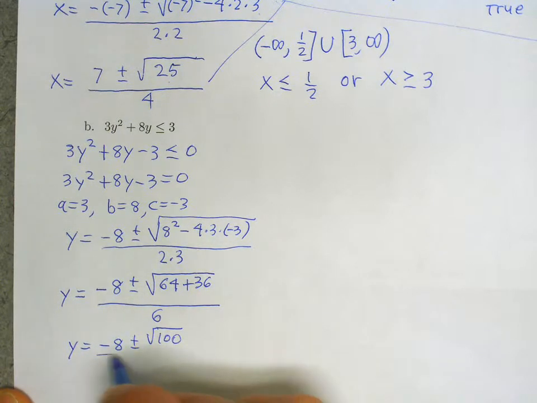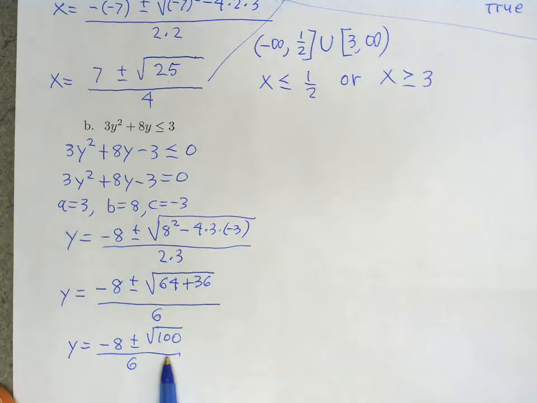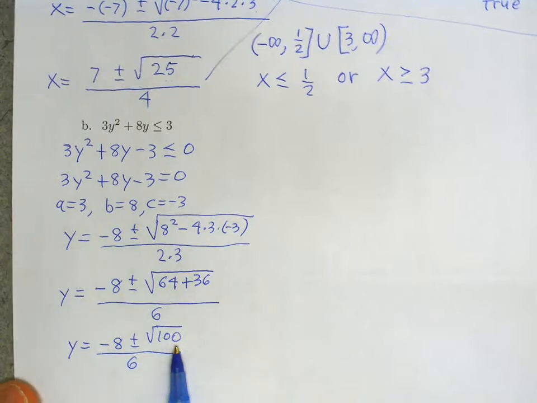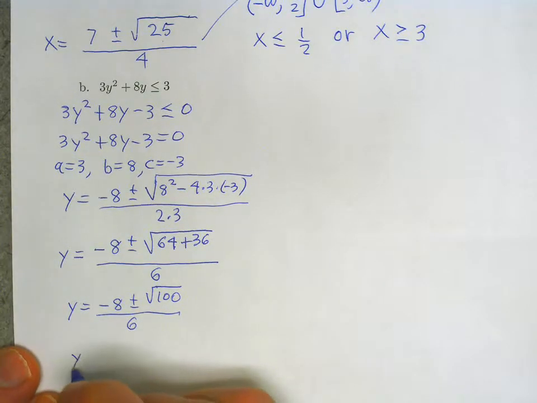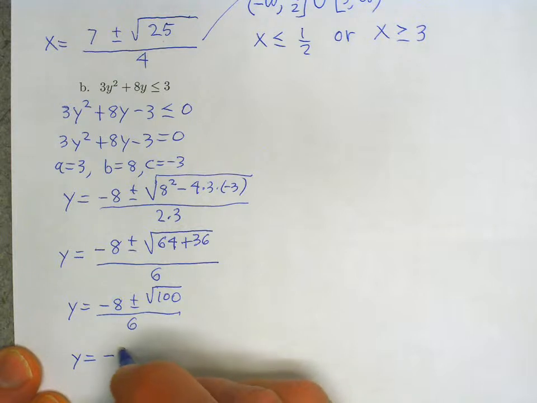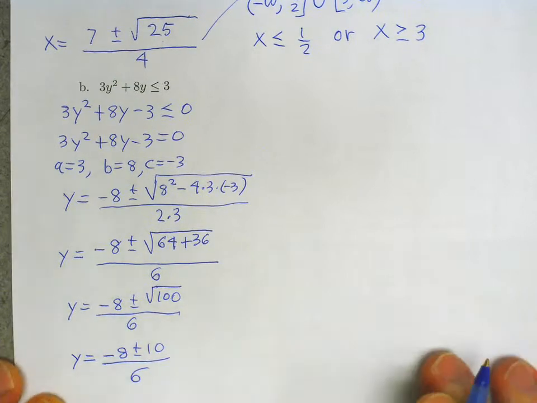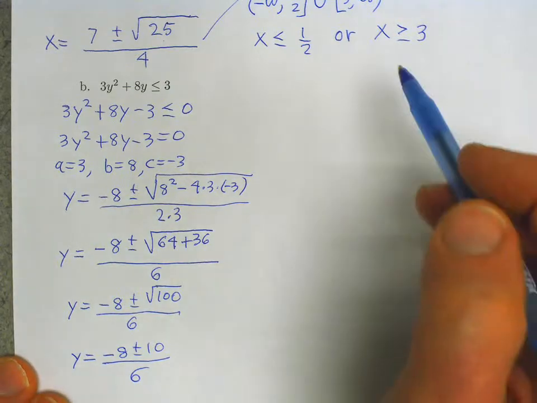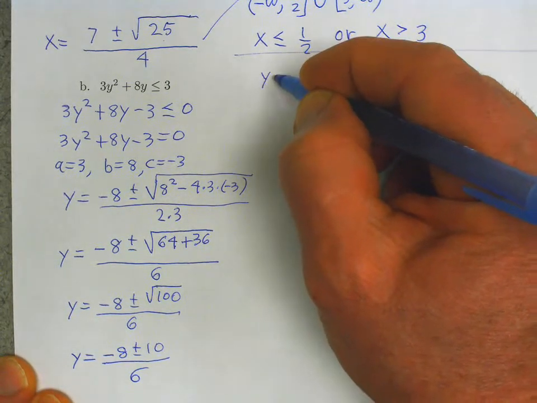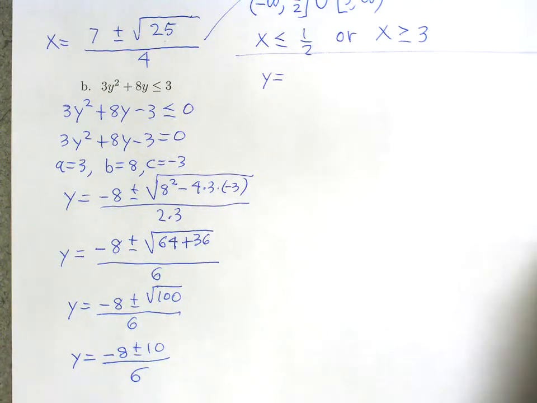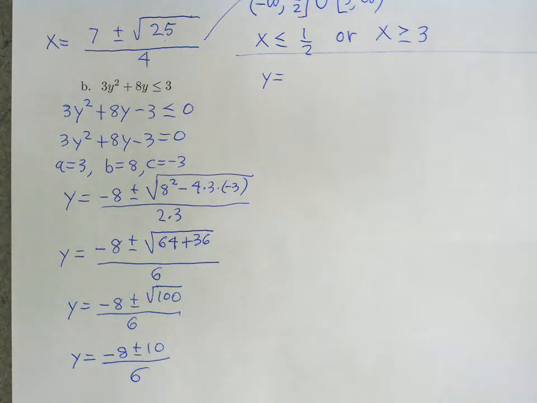That's kind of nice because 100 is a perfect square. So the two solutions are -8 plus and minus 10 divided by 6. Okay, up here I'll write the solutions separately, since we need to know the solutions separately, so we have the two different endpoints.